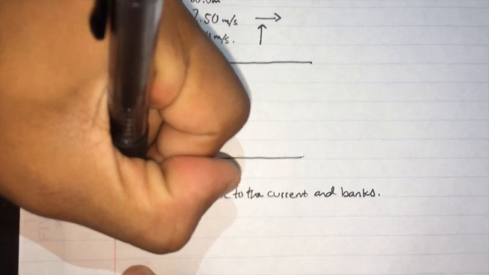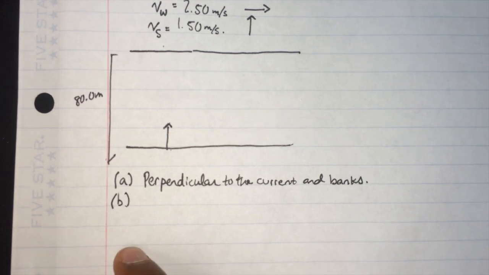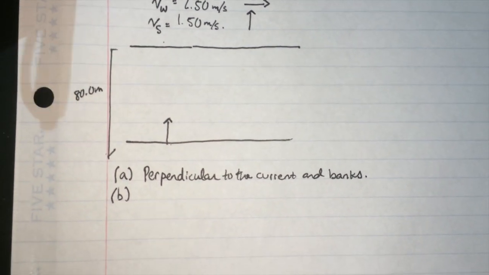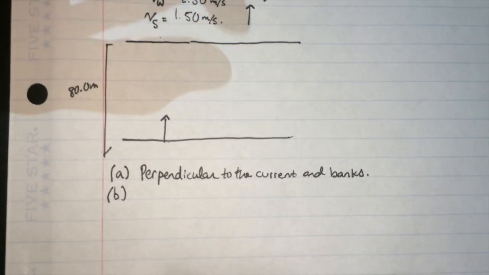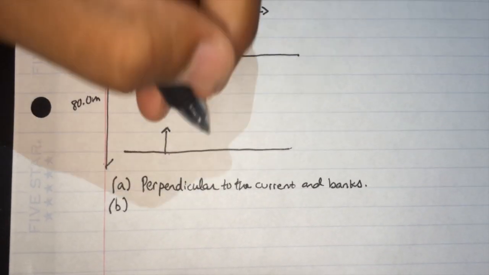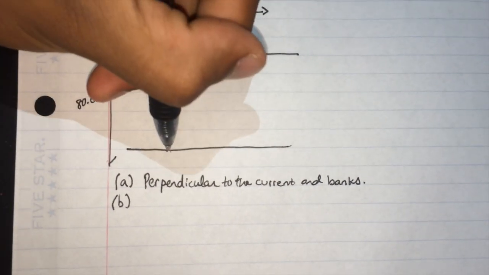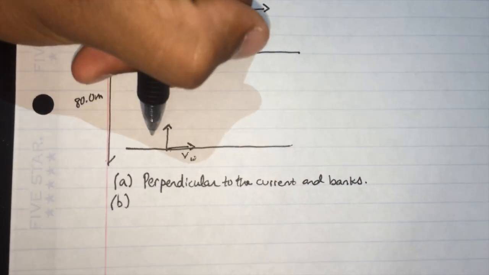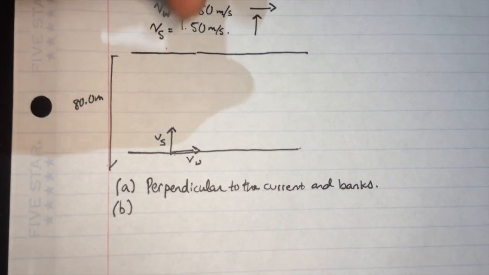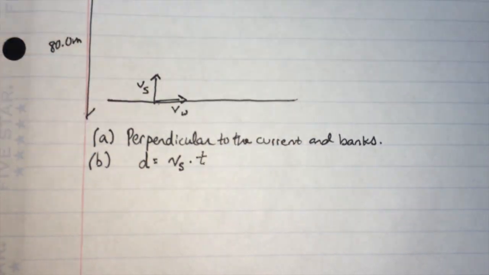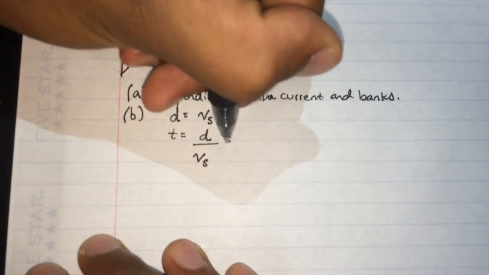Now in part B, they're asking how far downstream will you be carried. So one thing we need to know first is how much time we spend in the water. So we're going to split this up into our components, because we have our swimming component and the actual current component. So let's just figure out how long it takes based on our V swim. We know that distance is equal to velocity times time, so our time is the distance over our swimming velocity.